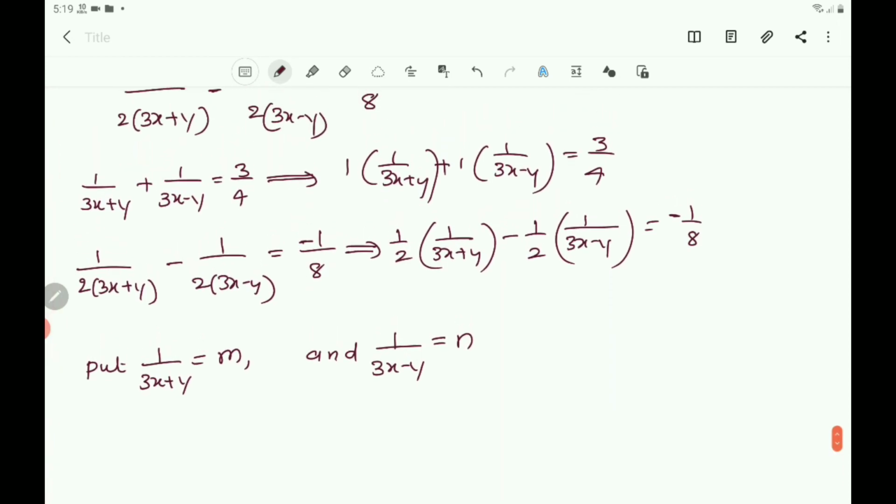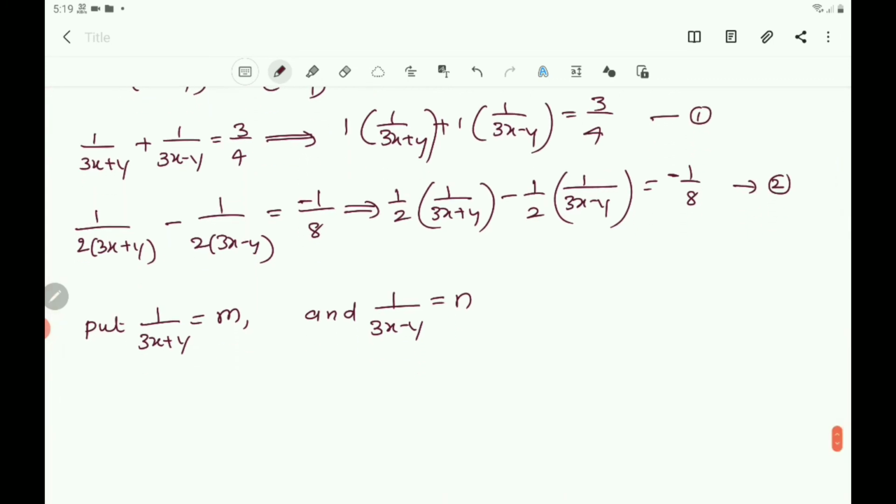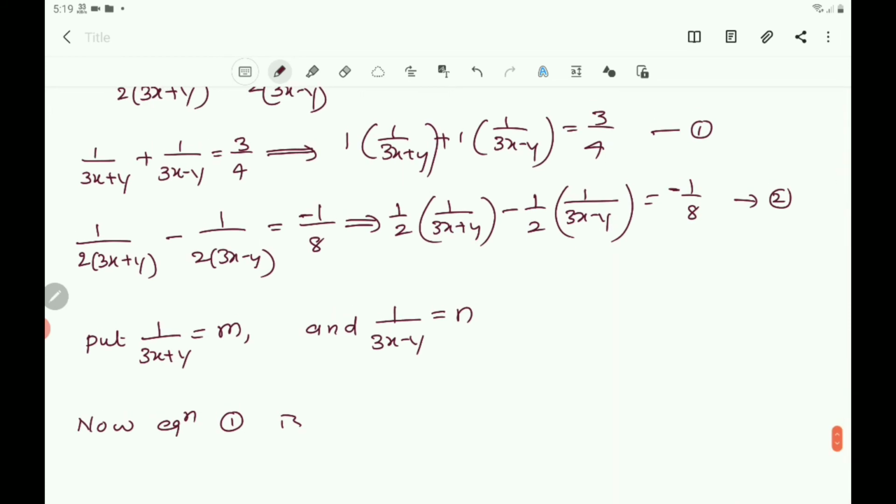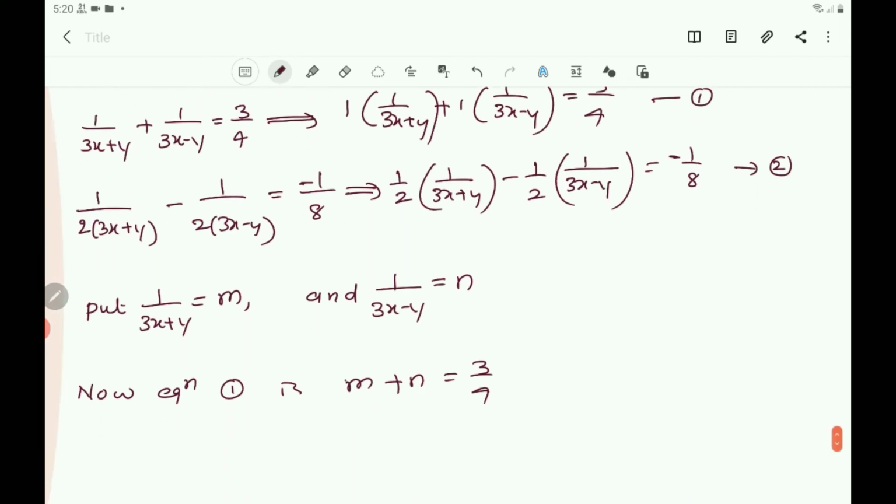Now consider this is equation 1, this is equation 2. Equation 1 becomes 1 into m, that is m, plus 1 into n equals 3 by 4.